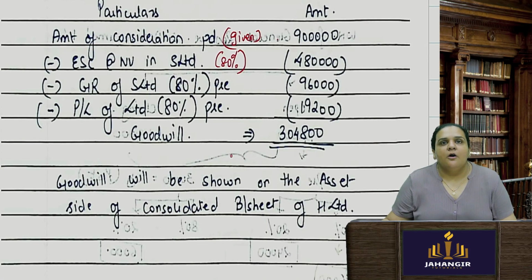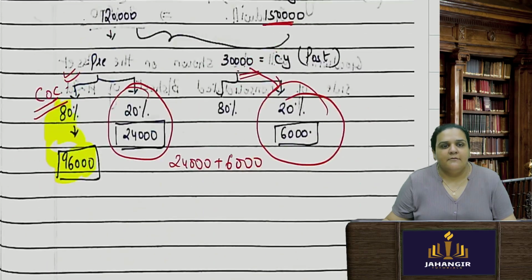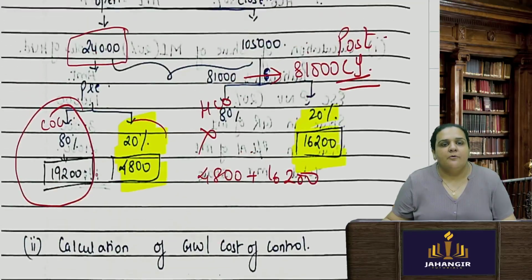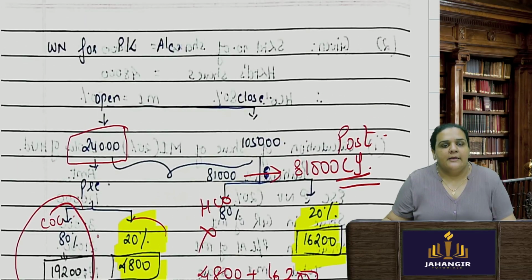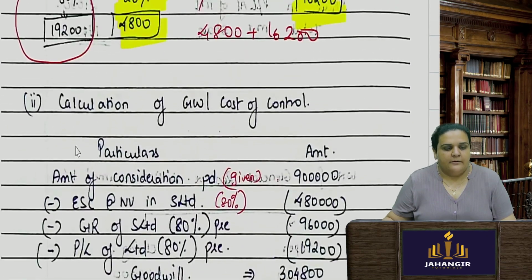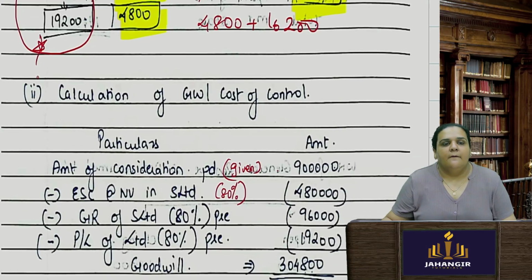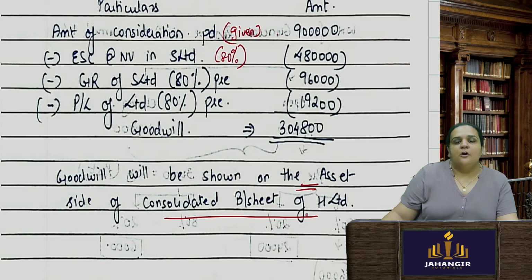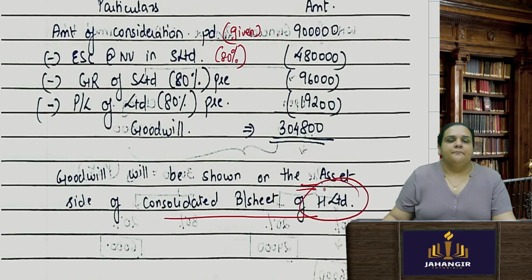General reserve of S Limited, only the pre, 96,000 here. And P&L also only pre, 19,200 here. Only pre I will take for cost of control. So goodwill is 3,04,800. Goodwill is always shown on the asset side of the consolidated balance sheet of the holding company.